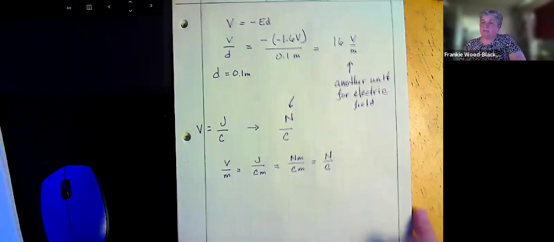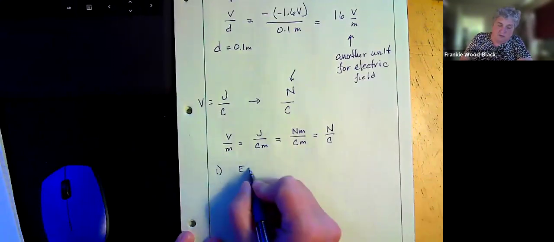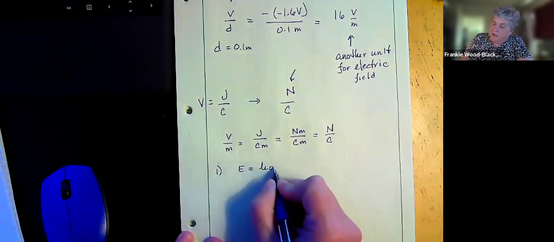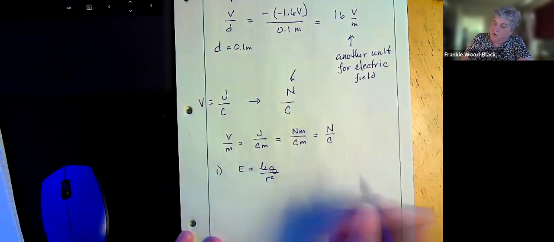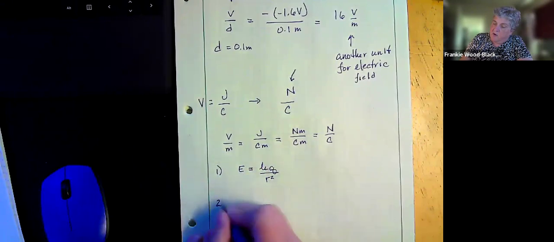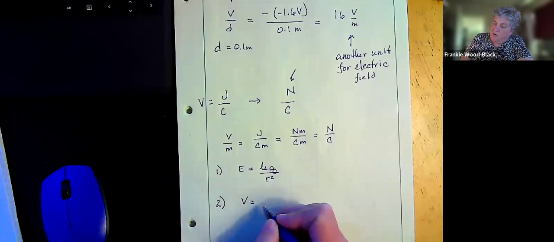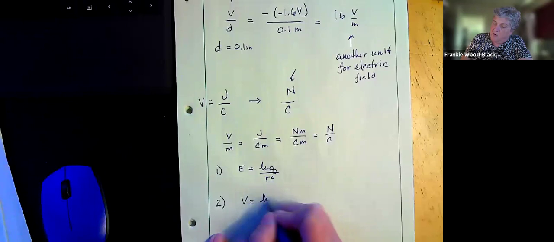A couple of points I want to make. For my electric field, we get kQ over r squared. And my voltage is going to be kQ over r.